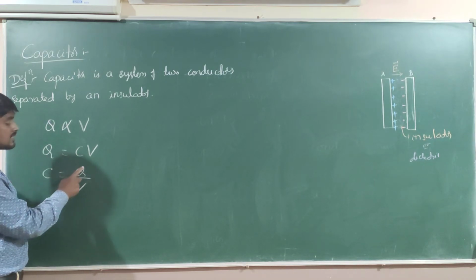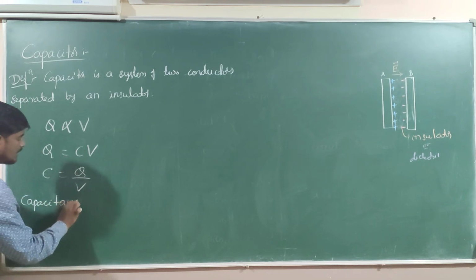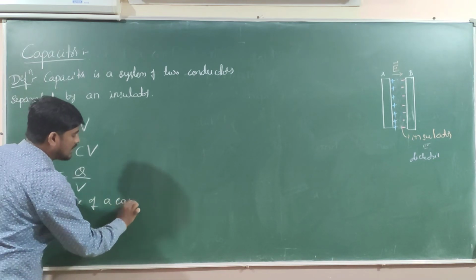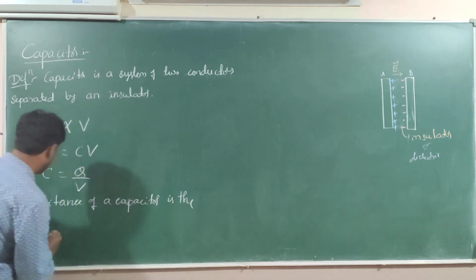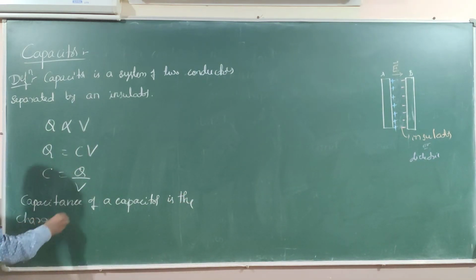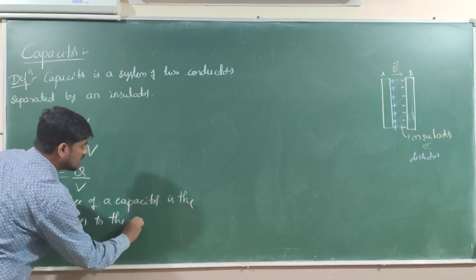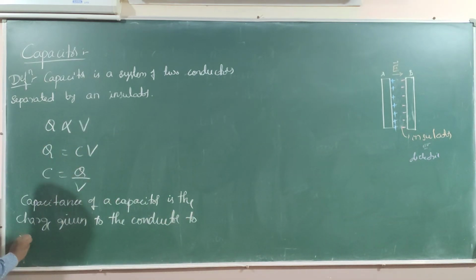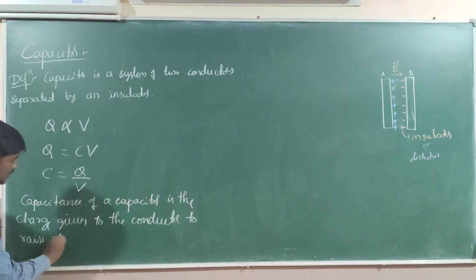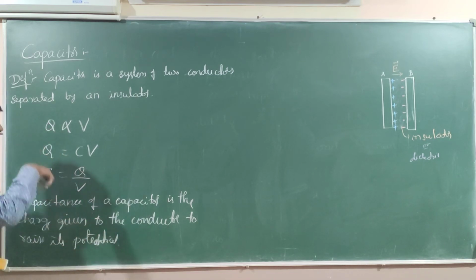The capacitance of a capacitor is the ratio of the charge given to the conductor to raise its potential. So this is one thing.